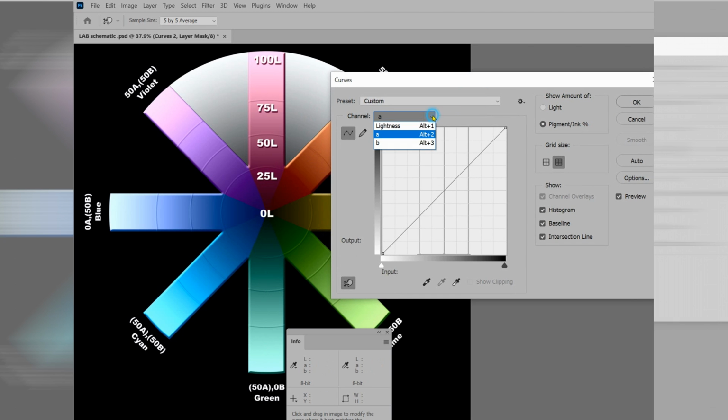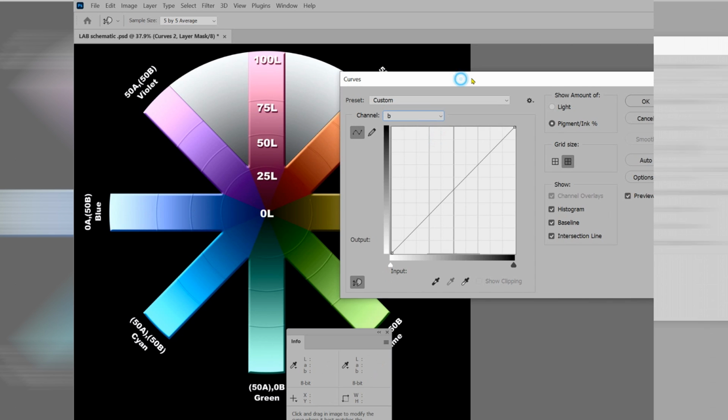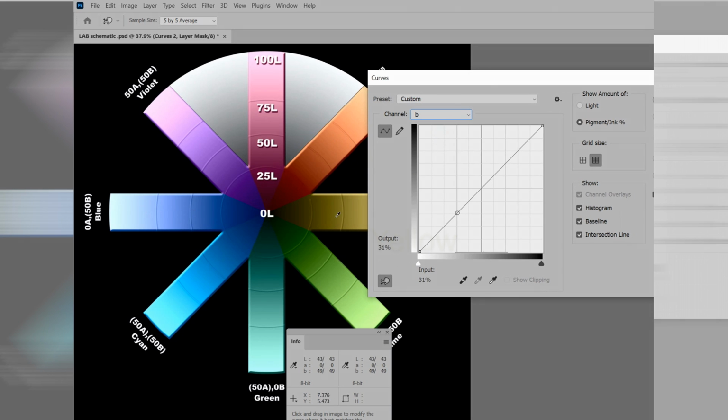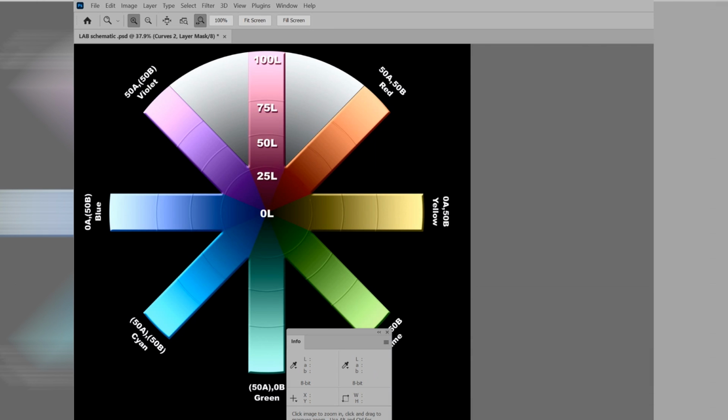And if I look at the B channel, it's the other channel. Here's where the blues are, and here's where the yellows are. So, yellow, blue, reds, greens. And we'll use those to curve the channels in just a minute. Do you have any questions?